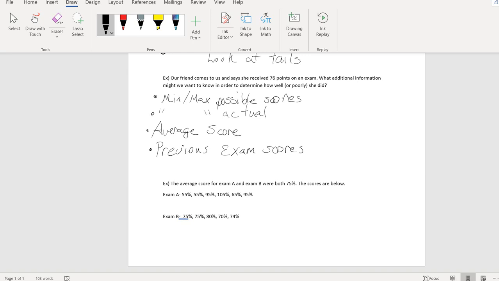Both exam A and exam B are going to have the same average score of 75%. But if we actually look at the raw data below, we can tell that these were very different exams. Exam A had scores that range from the mid 50s and 60s to the high 90s, and even somebody got some extra credit.